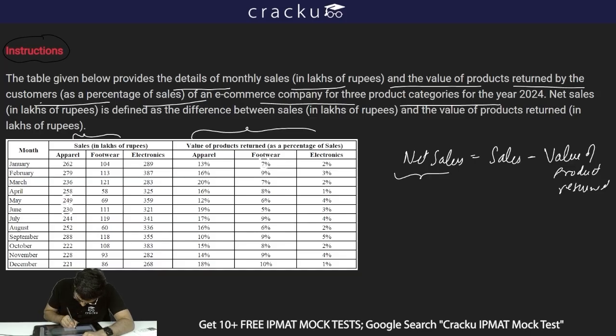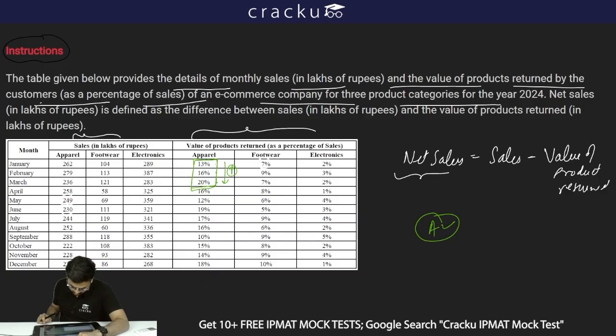For January it is 13%, for February it is 16%, and for March it is 20%. So for the 3-month period it is increasing. For January, February and March it is constantly increasing, 13%, 16% and 20%. So the apparel category will satisfy my condition.